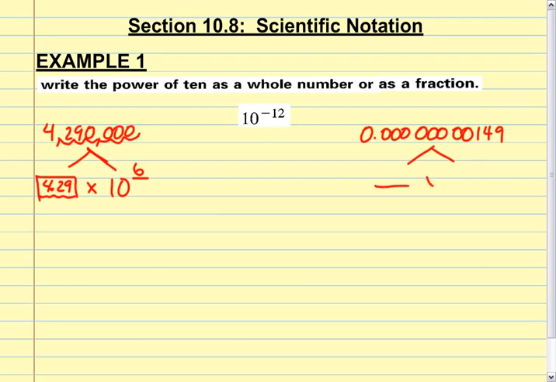A number times 10 to the something. What goes in the blank? What's the number, Catherine? 1.49. But what's the exponent? How do I figure out what the exponent is, Suzette? I go backwards. 1, 2, 3, 4, 5, 6, 7, 8, 9.